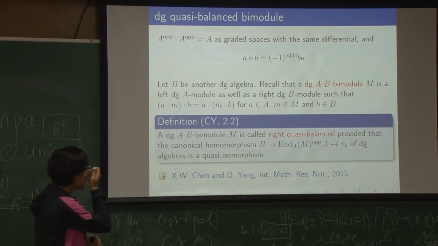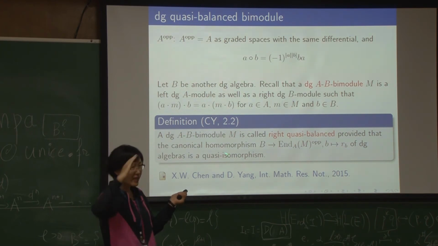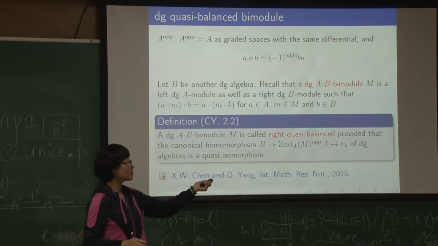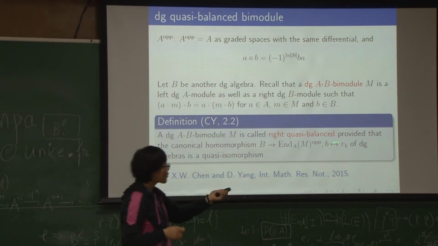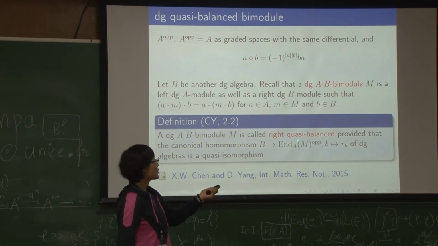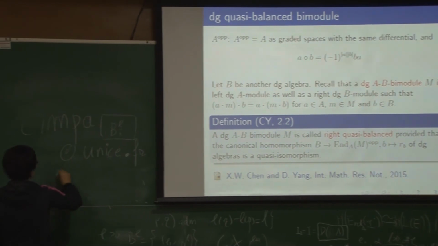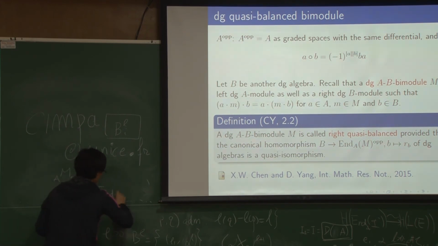That is to say that given a DG bimodule M, we can immediately have a DG homomorphism from B to the endomorphism DG algebra of M. Here the action is defined by the right B action of this module M. So suppose M is a DG bimodule. We can have a map from the DG algebra B to the endomorphism algebra of M.